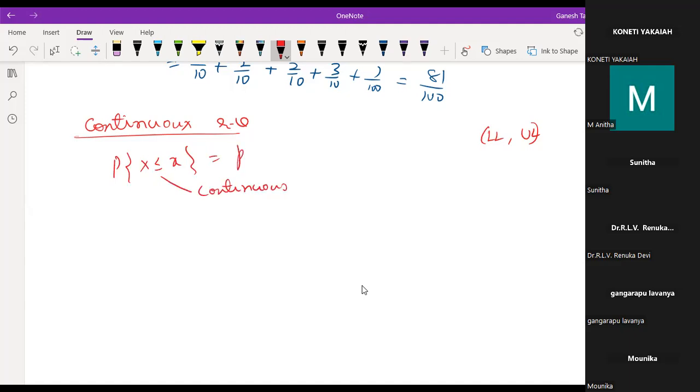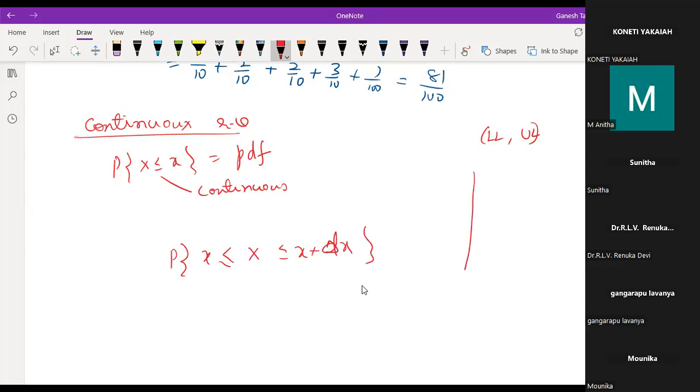This is continuous, then I can say it is the probability density function, PDF. Or I can define it simply as the probability that x is less than or equal to capital X, which is less than or equal to x plus some delta x, or some dx.